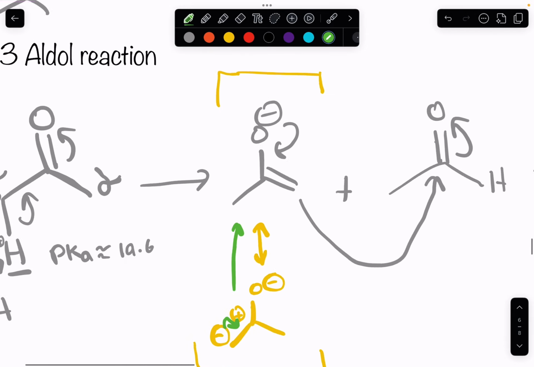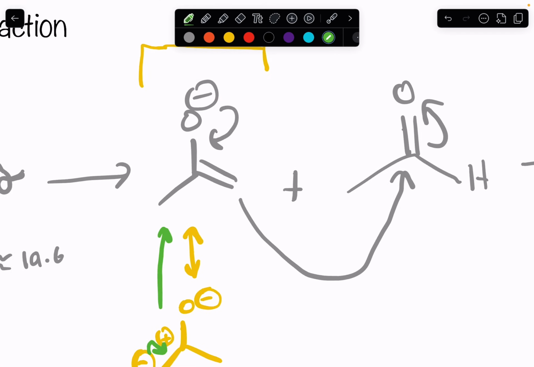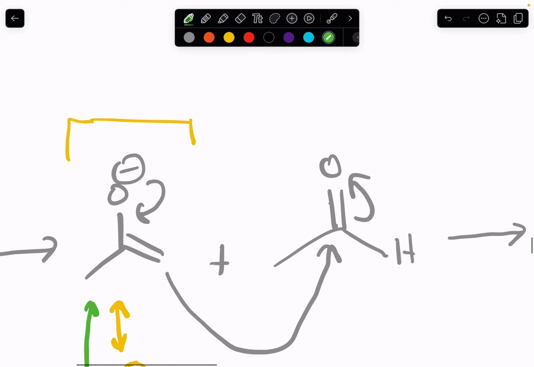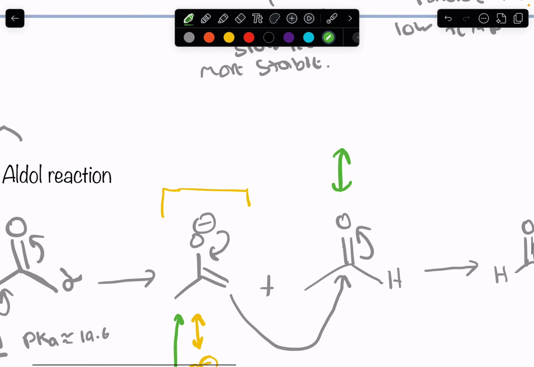So what you need to know is, again, aldol, right? When you get this, you should also know that this is called an enol. When you get your enol and then your aldehyde, I always go back to resonance structures. If we draw this structure, we see that there's a positive charge there.